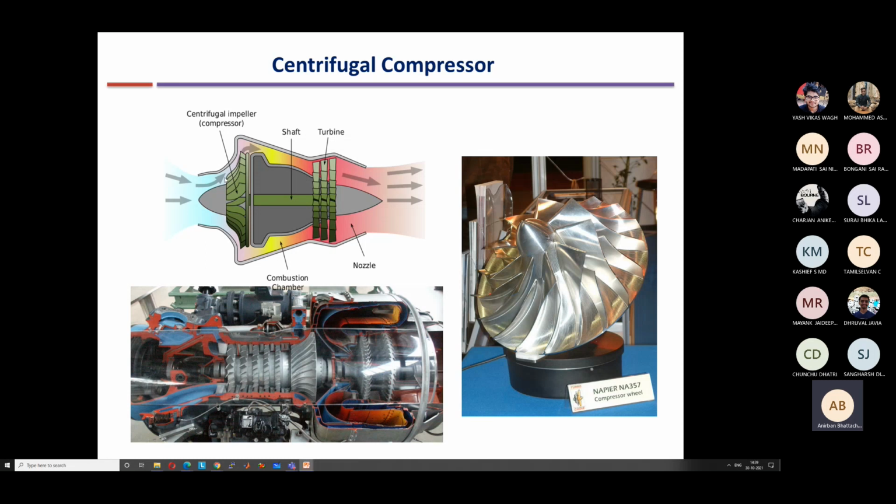So we need a larger number of axial stages for a specific pressure rise. Say if I want to raise the pressure by 20 times, I will need a much larger number of axial compressor stages as compared to centrifugal compressor stages. As a result, the length of the engine will increase.